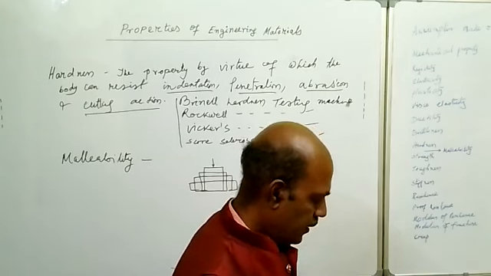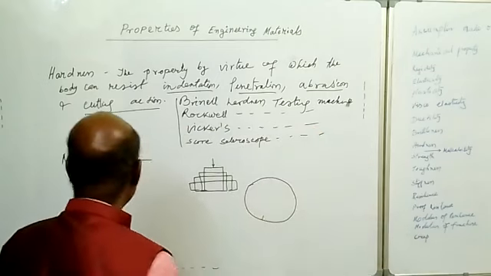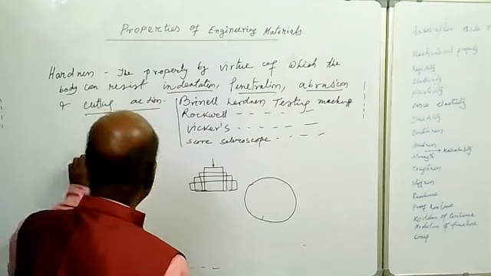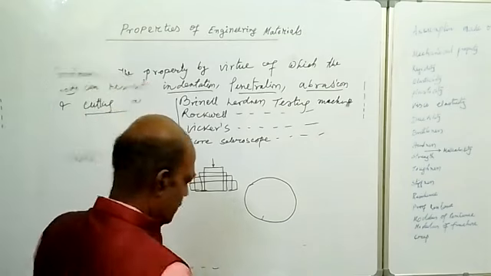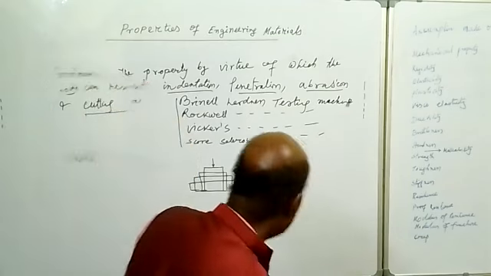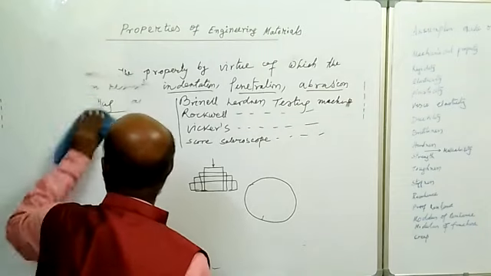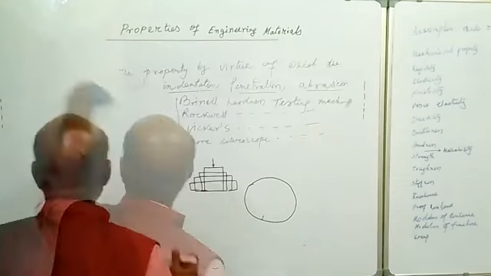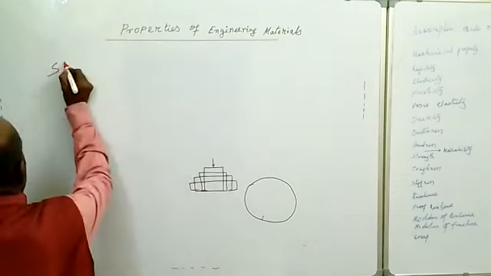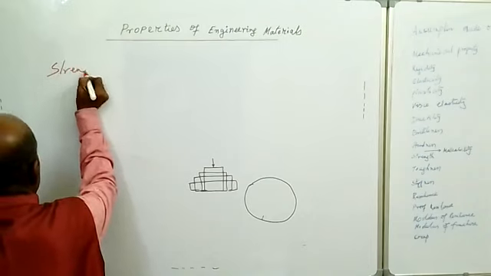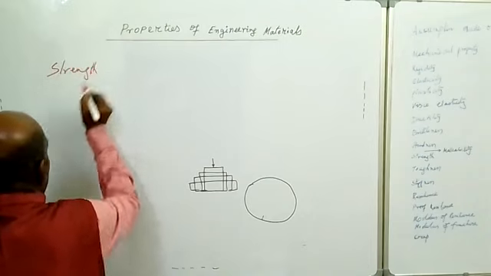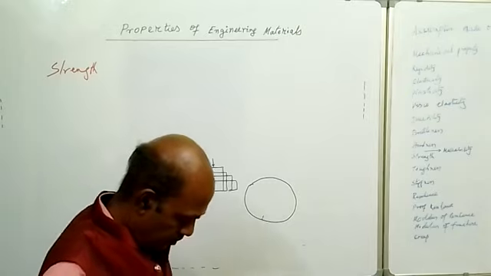The next property, which is the most important property, is the strength of the body. What is strength?